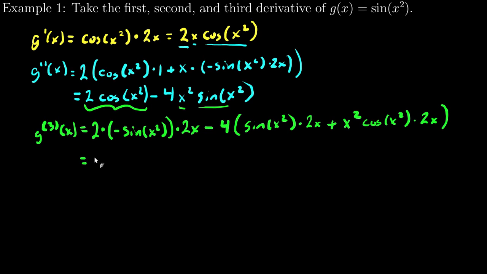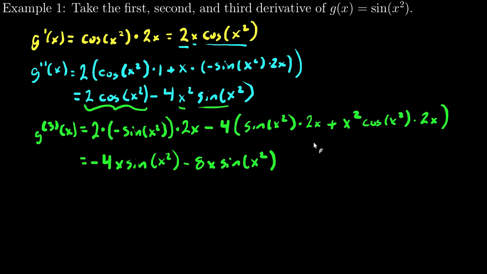And now I just need to clean this up. So 2 times 2 is 4 with a negative sign. Negative 4x sine of x squared. And in here, I'll distribute the negative 4 through to all of these. And so I'll have negative 4 times 2x, so I have minus 8x sine of x squared.